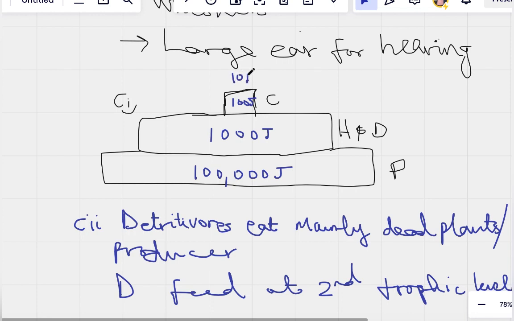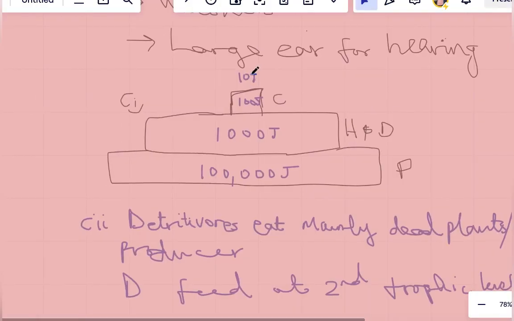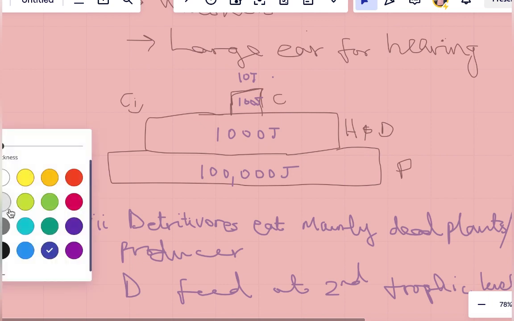Level 5 will just be what? Only 1 joule. If you have level 5, you will just have 1 joule of energy.